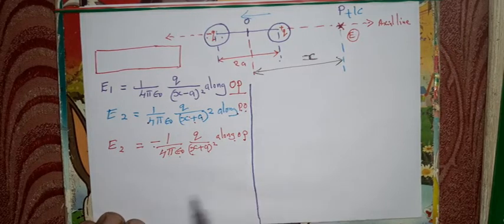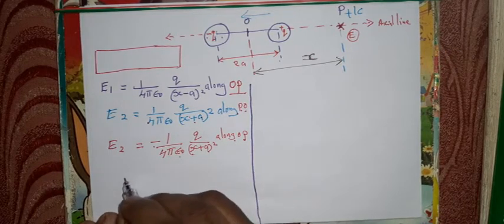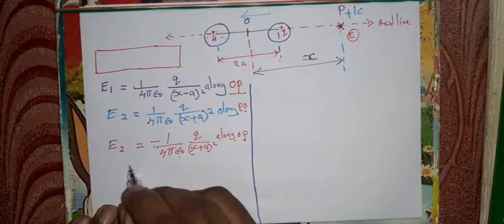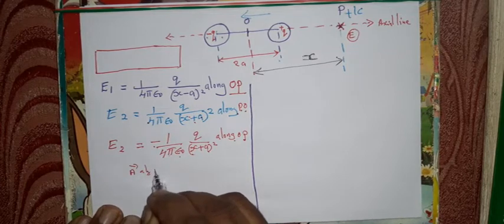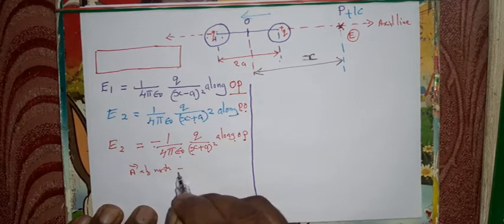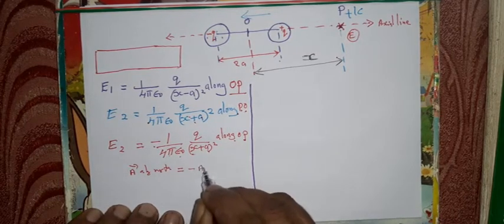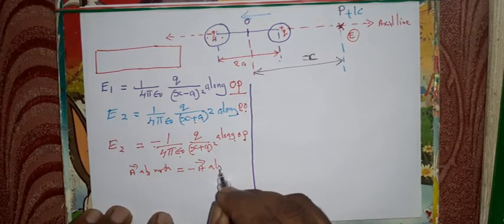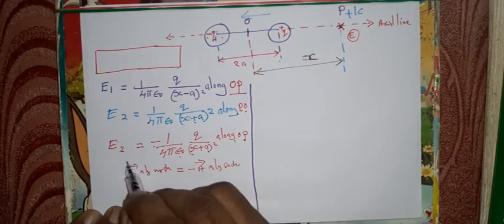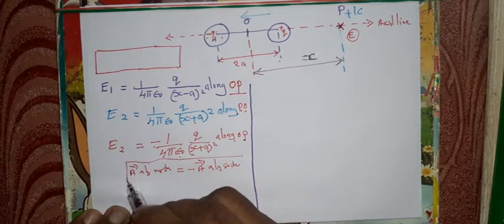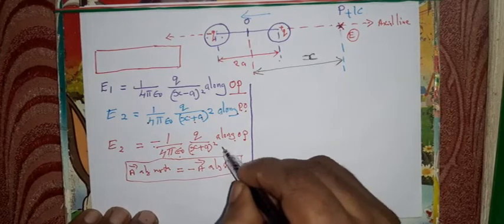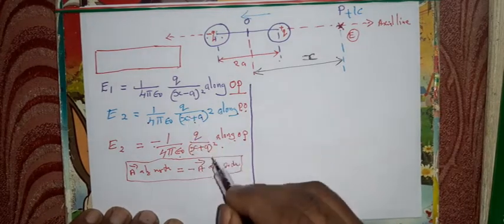I can make this point clear because vector A along north direction is equal to minus vector A along south. It can be written like this. This concept is used here. Therefore, both of them are exactly equal. There is no change in the value.